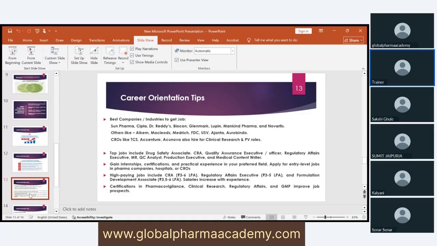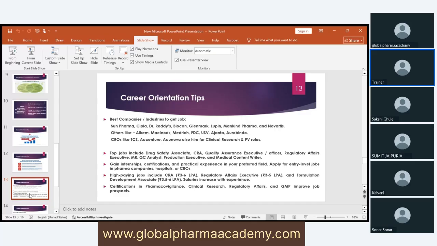Then practical experience in your preferred field is also important. So look for entry level jobs first, because in today's date without experience you cannot grow. So the important thing is entry into any of the organizations. So try for getting internships or entry level pharma jobs, hospitals or CRO jobs.